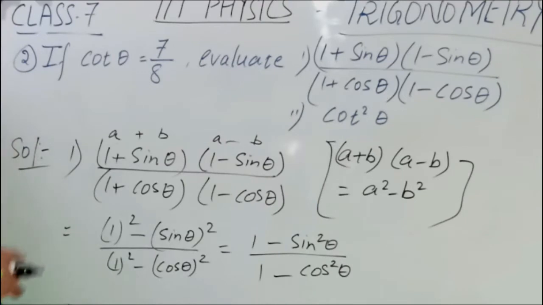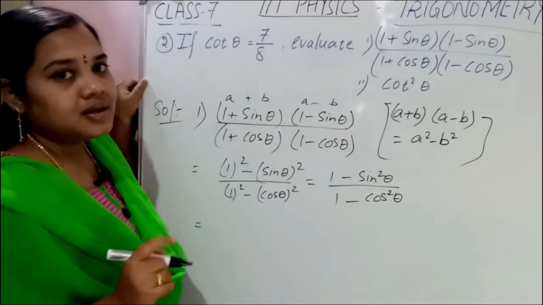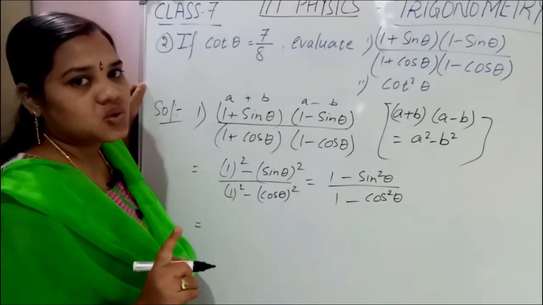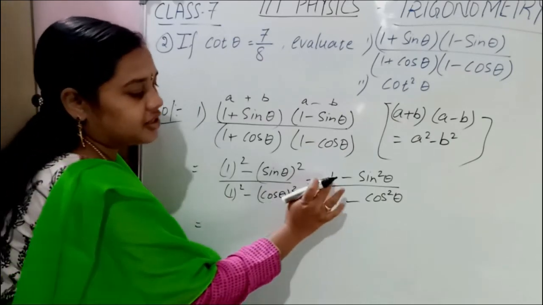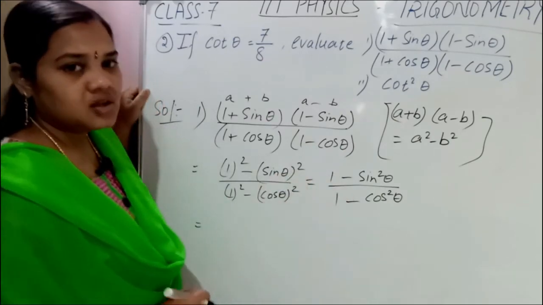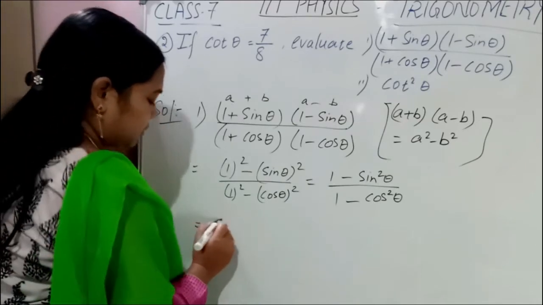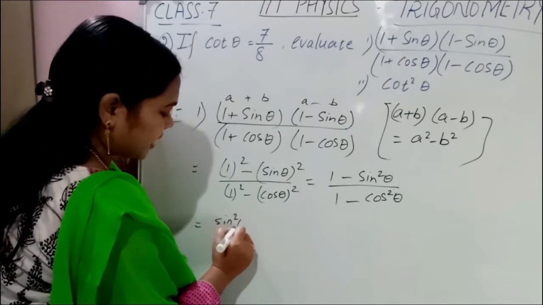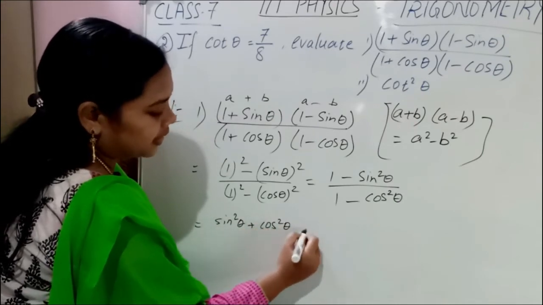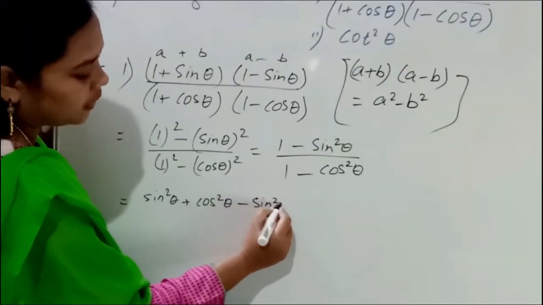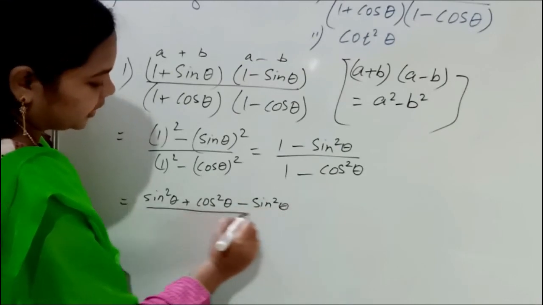Now yesterday I explained to you the identity. Remember, sin square theta plus cos square theta is equal to 1. Is it or not? So that one we will use here in place of 1. What will we write? Sin square theta plus cos square theta, okay, minus sin square theta. Clear children?